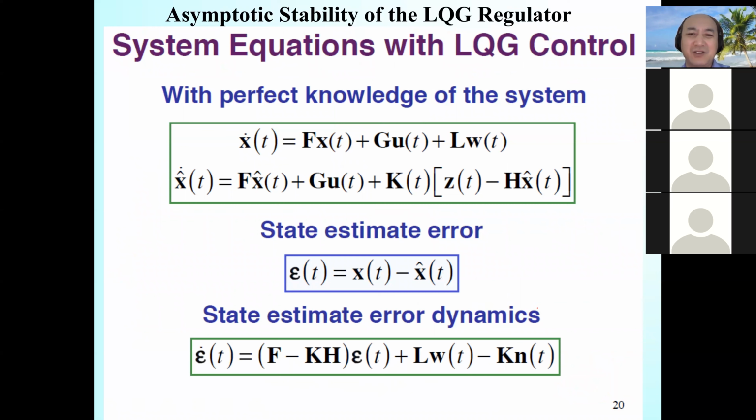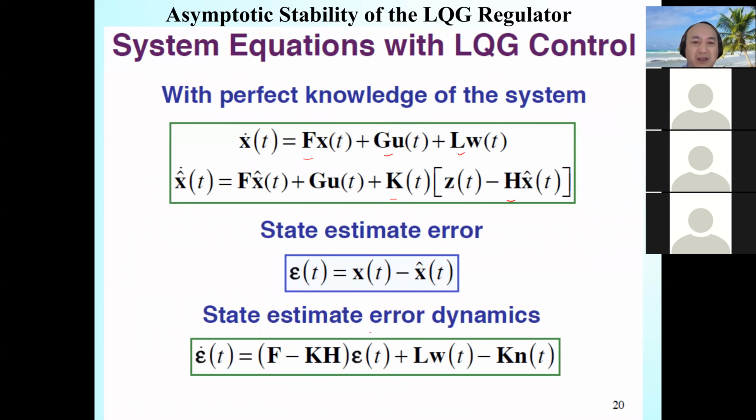So let's go through all the equations. What is the asymptotic stability of the LQG regulator? LQG, linear quadratic Gaussian. We assume we have perfect knowledge of F, G, L, H and K. This is called the state estimation error, epsilon.